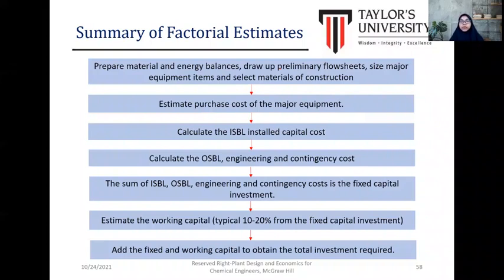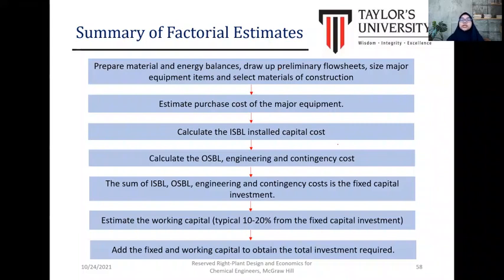So you need to perform the detailed mechanical design first before we can proceed to estimate the purchase cost of the major equipment. Okay, example, if we estimate the purchase cost of the distillation column, we should consider the cost for the vessel, and also since it involves the column, we should consider as well the cost for the column.